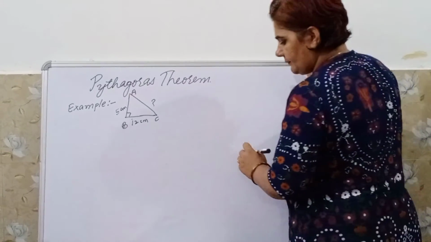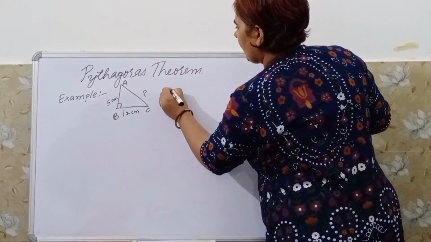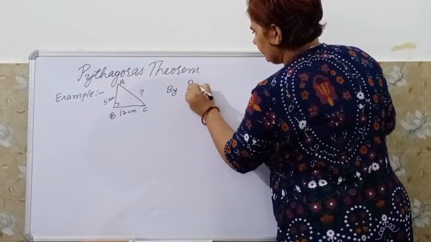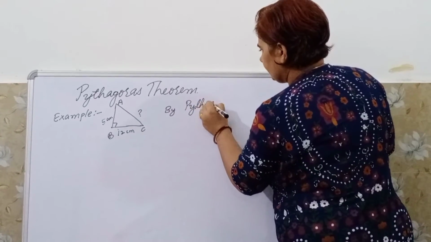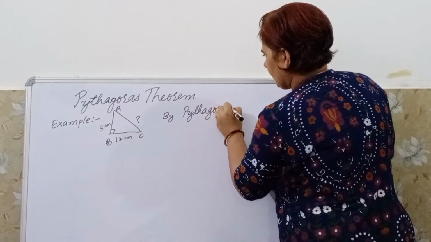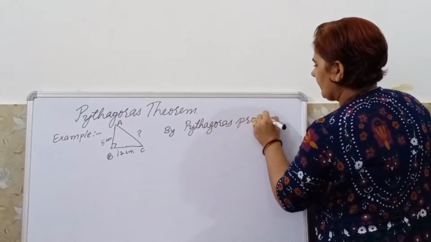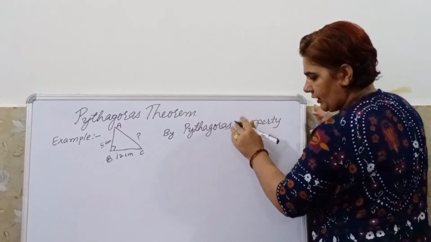So let's do it by Pythagoras property. It is a right angle triangle.